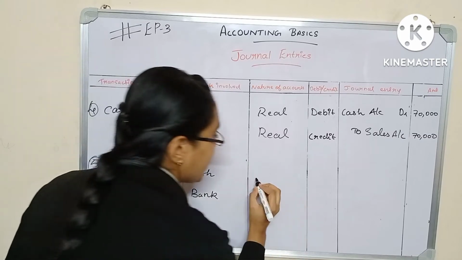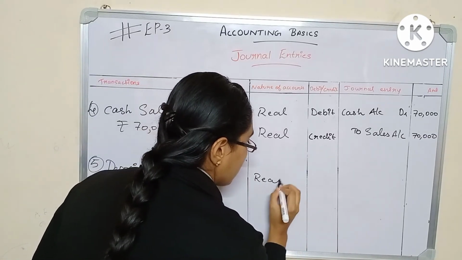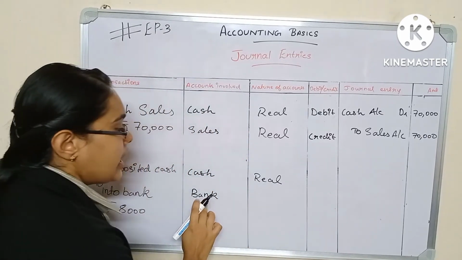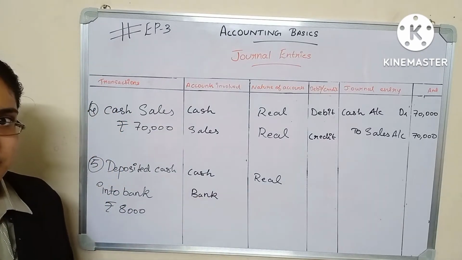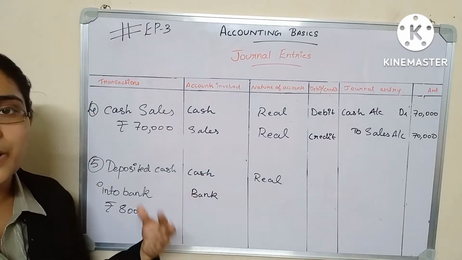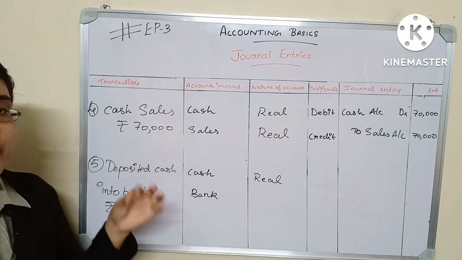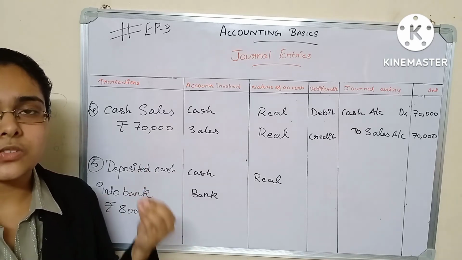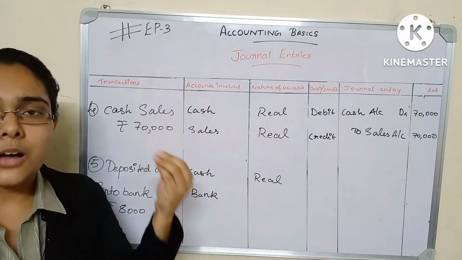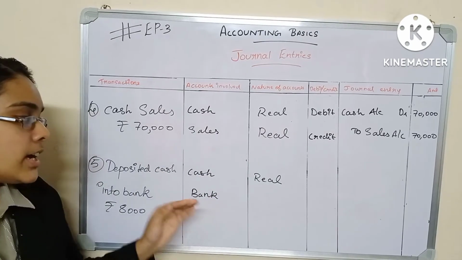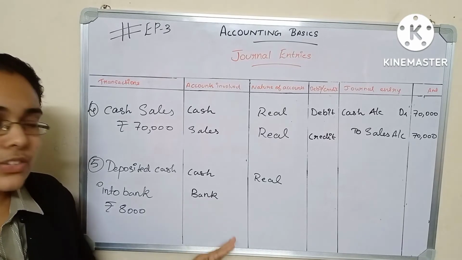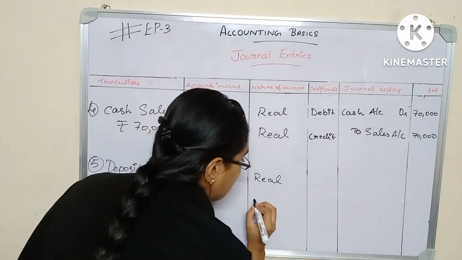Cash, again it's a real account, and bank. Here you must know that bank is considered as a person. You're considering bank as a personal account because you're depositing cash into the bank. So you're giving some money to your bank. So here in this transaction, bank is considered as a personal account.